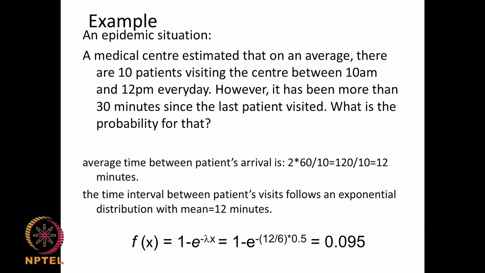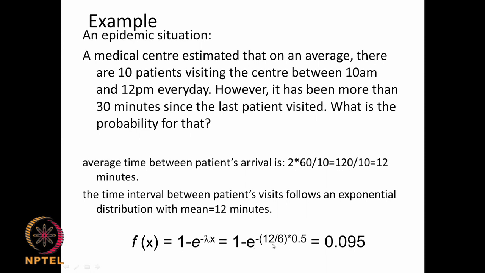So, the average time for each patient's arrival is 2 hours, because 10 a.m. to 12, so 2 into 60 because we are converting into minutes, divided by 10. So, that gives you 12 minutes. So, the average time for each patient to arrive is 12 minutes, that is lambda. Now, we want to look at the time interval between patient visits, which follows an exponential distribution with a mean of 12 minutes. So, we can get 1 minus e power minus lambda x.